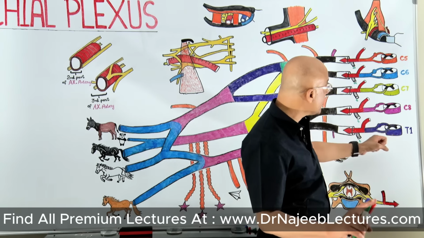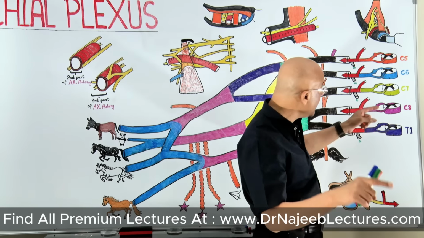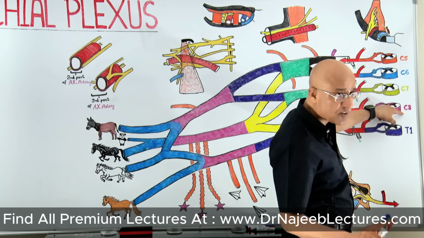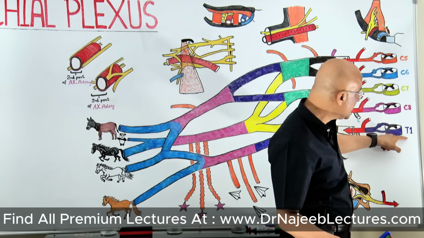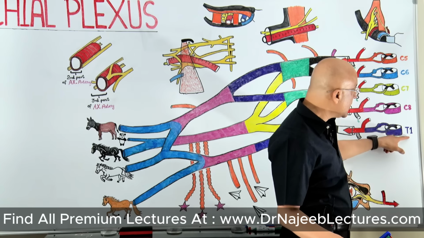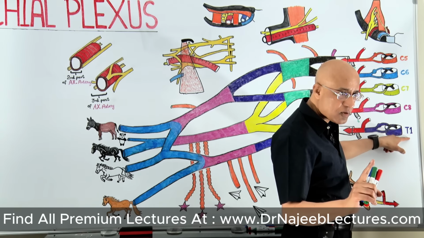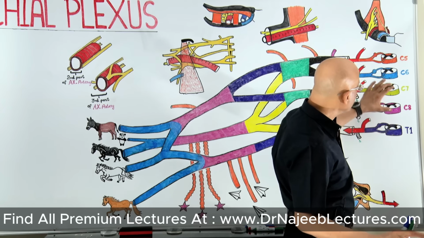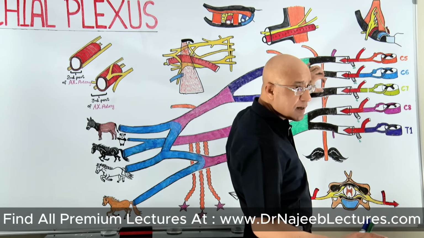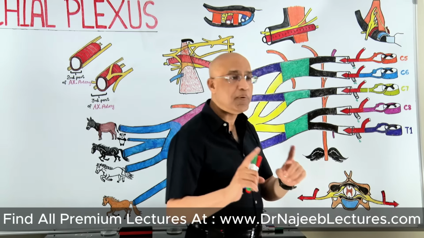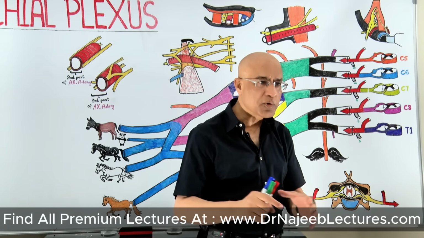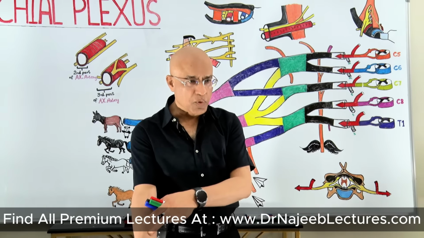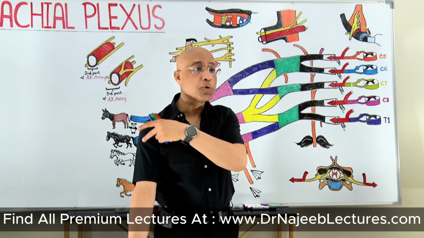It means how many cervical segments? From the cervical spinal cord, we are having the 5th, 6th, 7th and 8th segment. And from the thoracic spinal cord, we are having just the first thoracic segment. Now these are the segments of the spinal cord from where the fibers related to the brachial plexus come, which are going to supply your hand, your forearm, your arm, your shoulder.